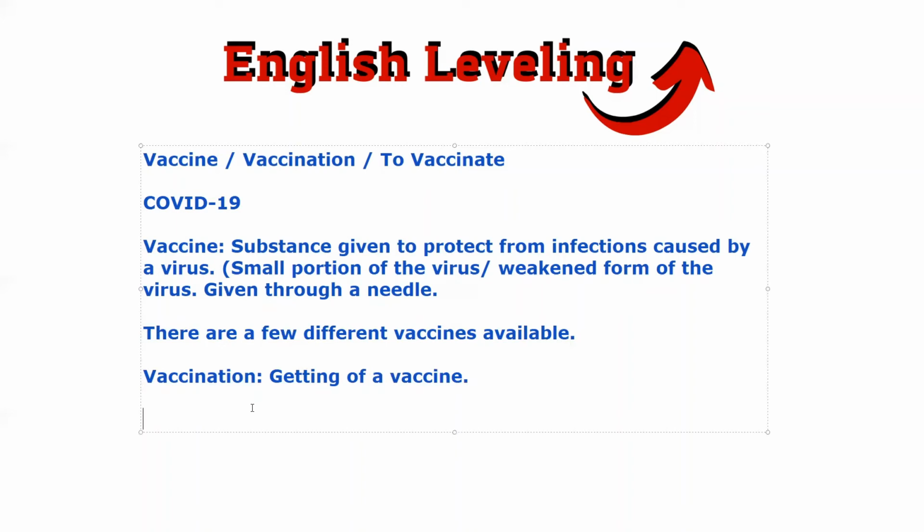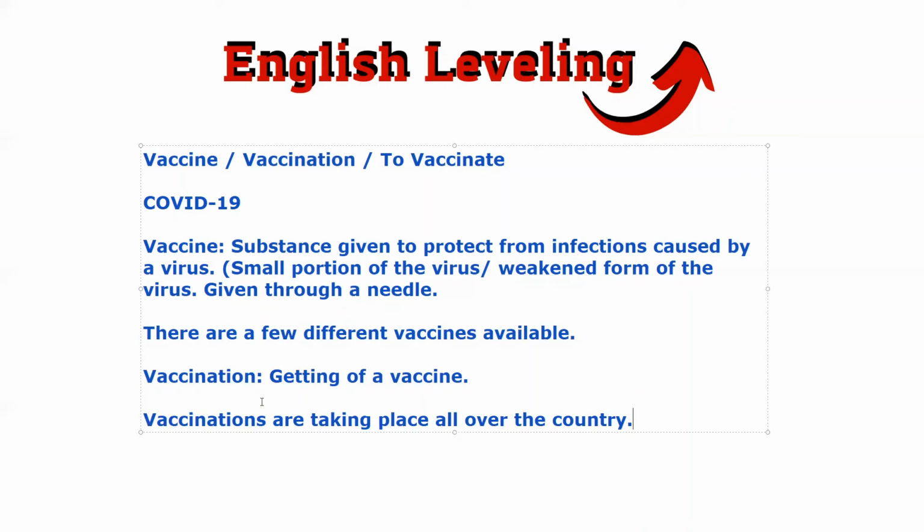So if I were to make a sentence like, vaccinations are taking place all over the country, what do I mean by this? That means all over the country, people are getting their vaccine. They're getting injected with a vaccine.